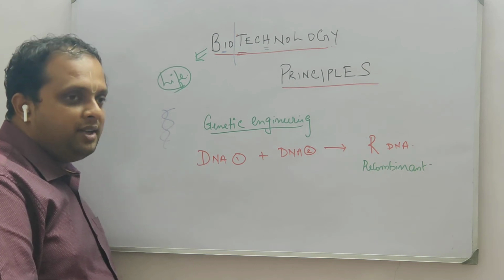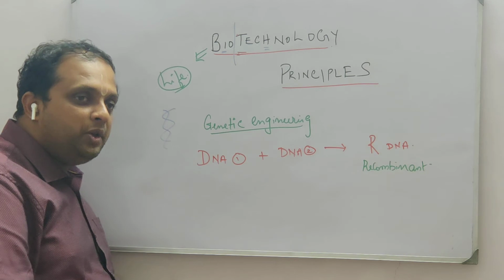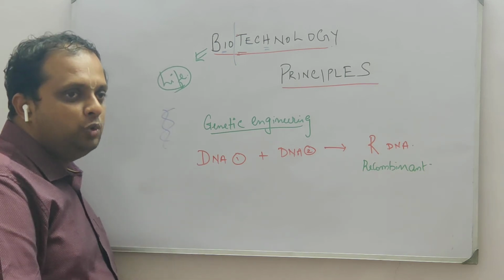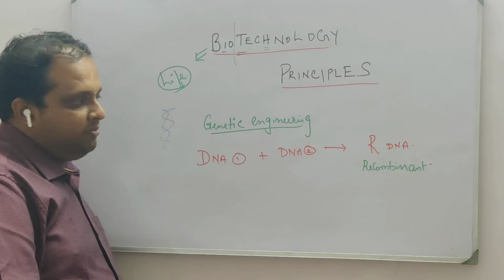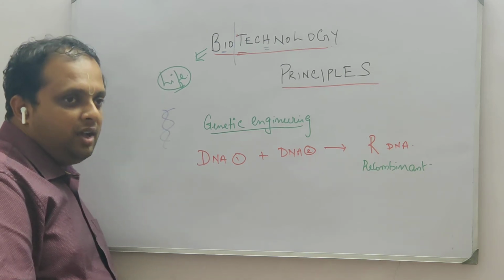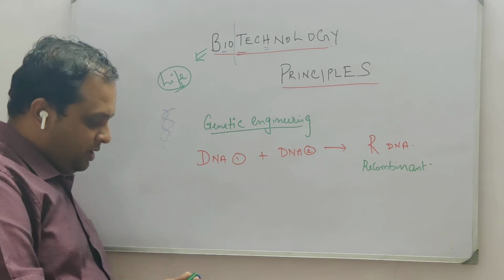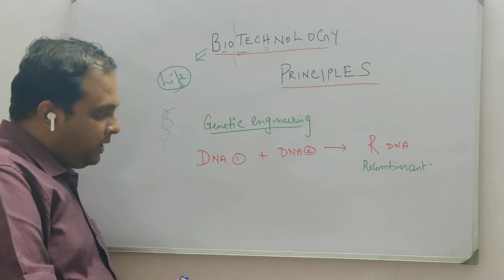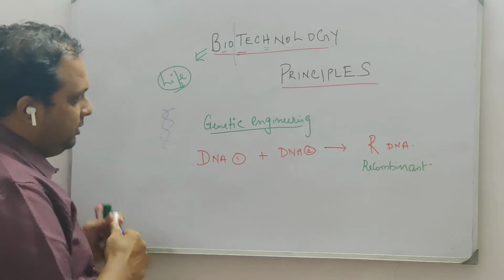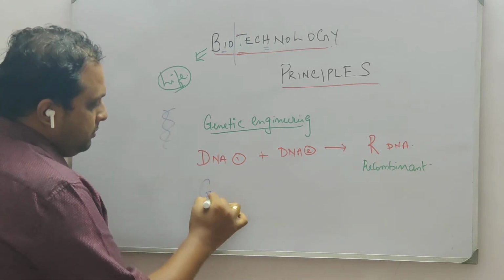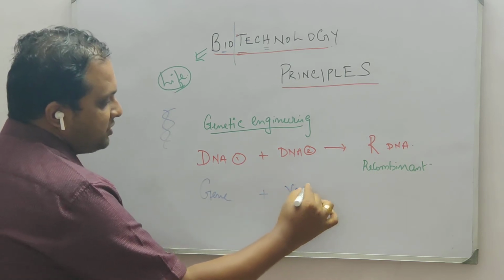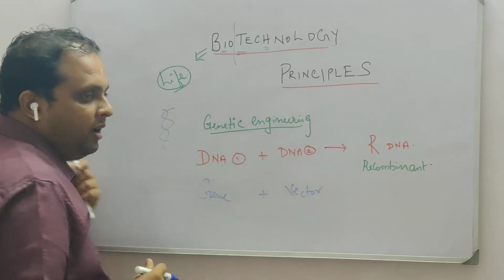I said we are going to produce recombinant insulin hormone through biotechnology. So our purpose is recombinant insulin hormone, for which I am going to take a gene as DNA1, and I am going to take DNA2 as the vector.